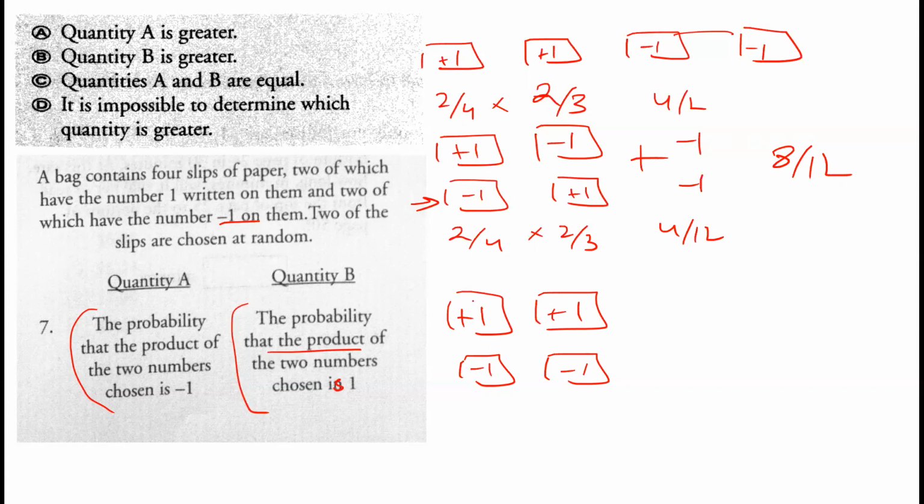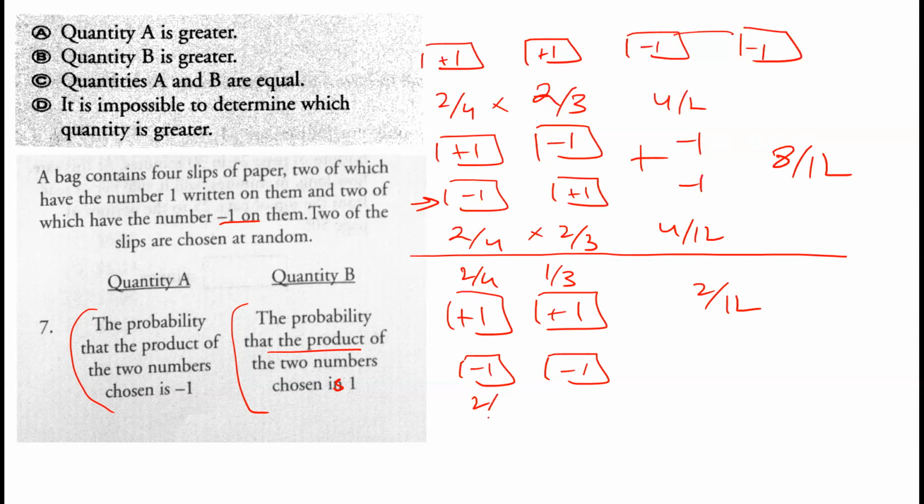So the probability of having a positive number the first time would be 2 by 4, and having a positive number the second time would be 1 by 3. Why? Because we have already selected 1 positive slip, so the remaining number of positive slips would be 1. So this would be 2 by 12. And what will be the probability of having a negative number coming out? So minus 1.